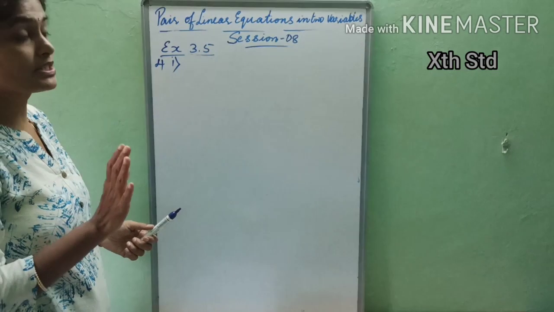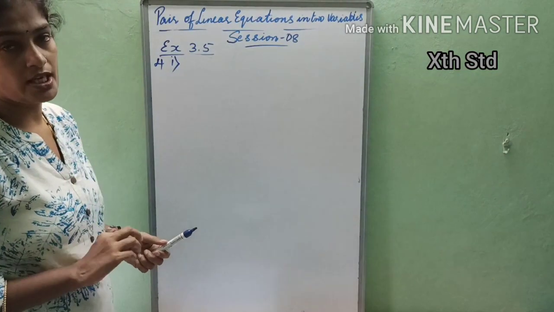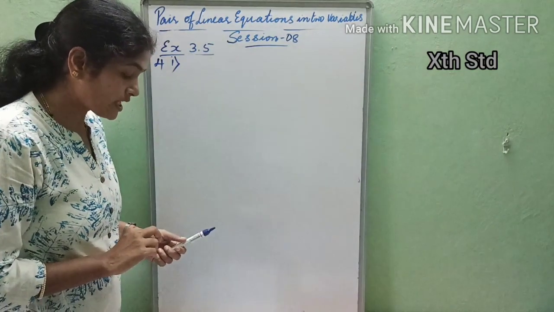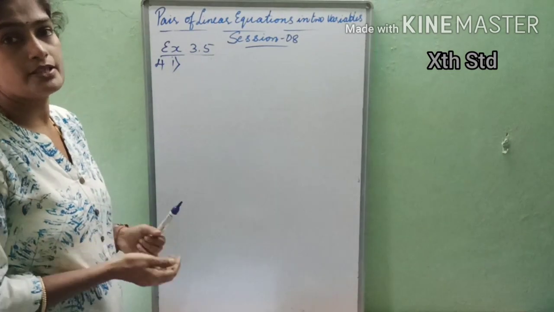So this hostel charge includes two types of charges. One is the fixed charge and another one is the charge of food per day. So let's take them as two variables.